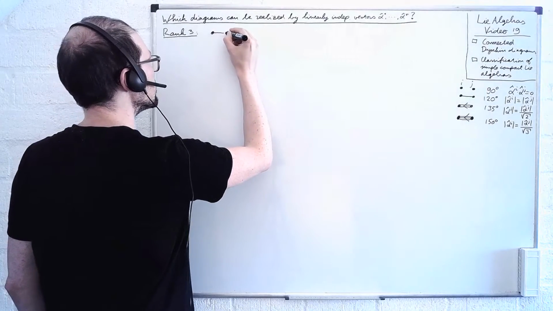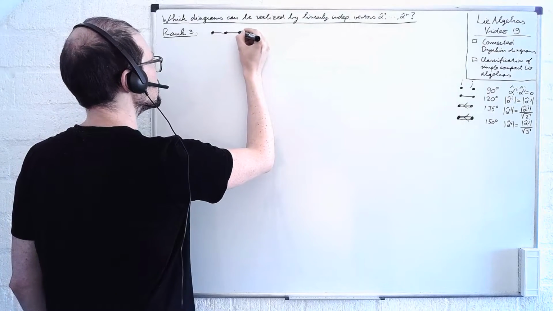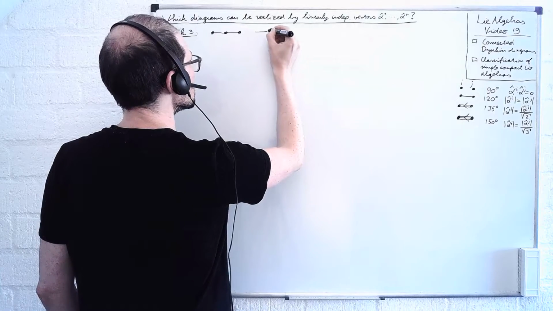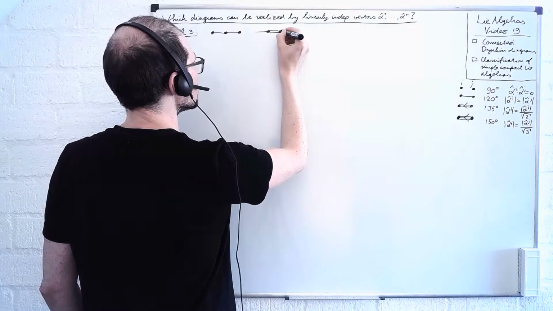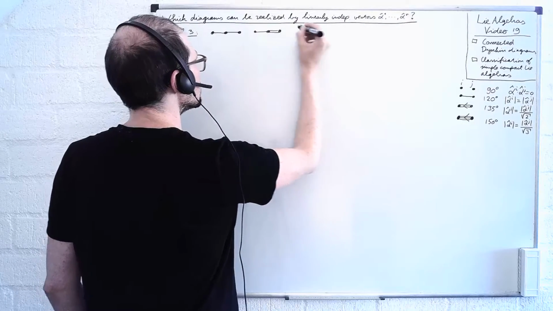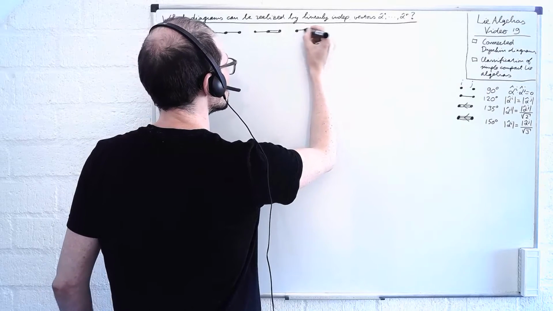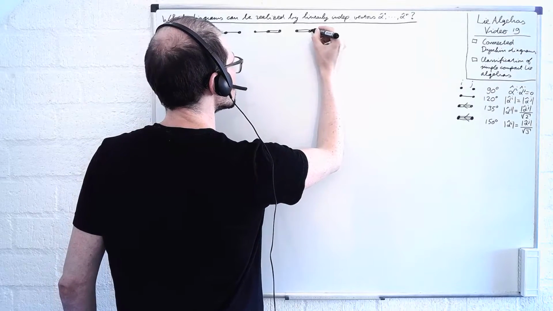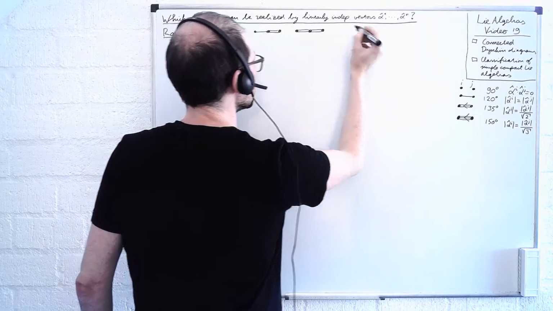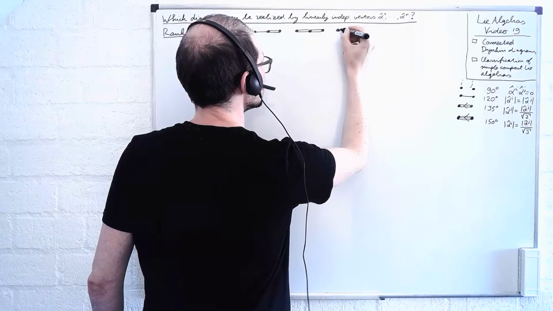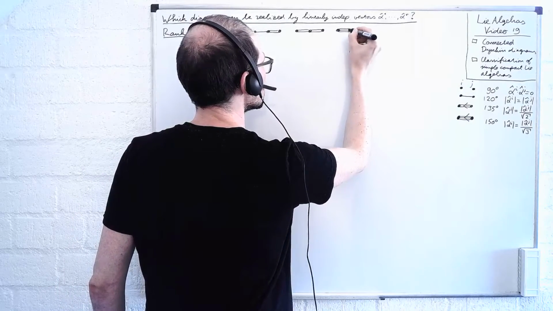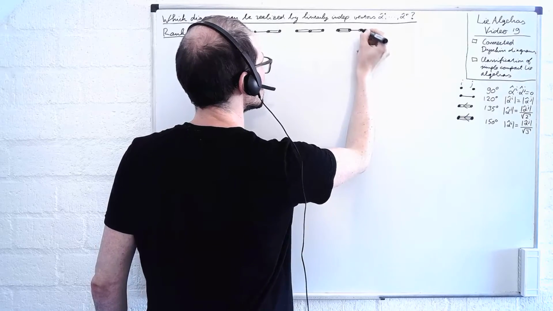So the simplest graph I can draw is this one. We can also have a double edge. Perhaps we can have 2 double edges. We can have a triple edge in here, maybe a single edge.